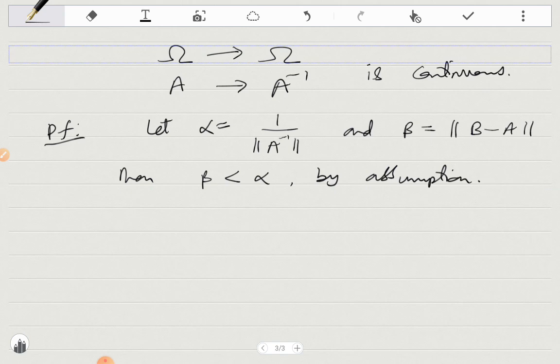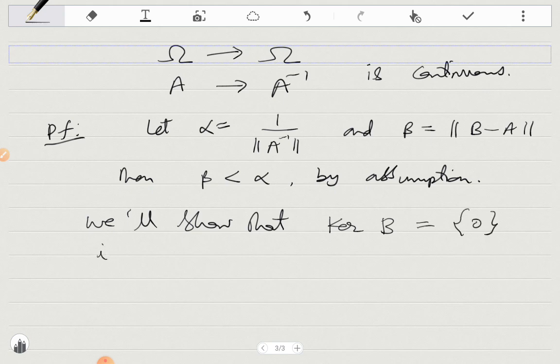We will show the kernel of B is a trivial subspace, i.e. B is 1 to 1. Since we are working with linear transformations from Rn back to itself, 1 to 1 is the same thing as onto.